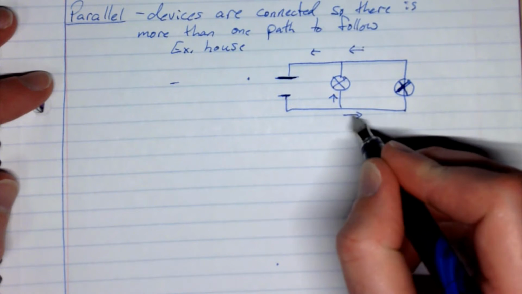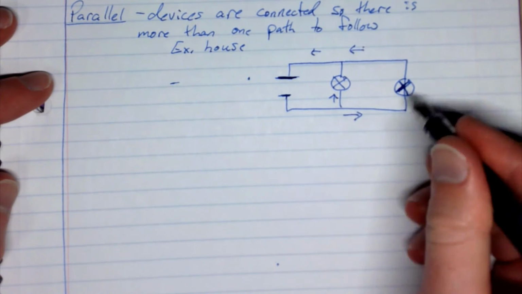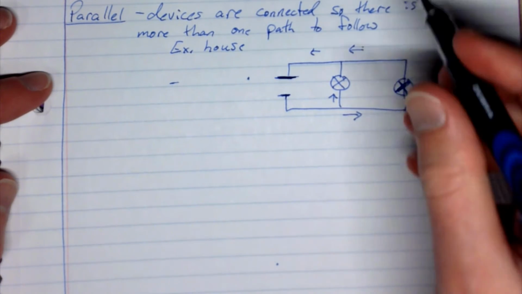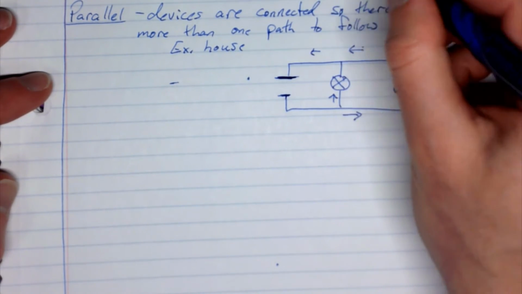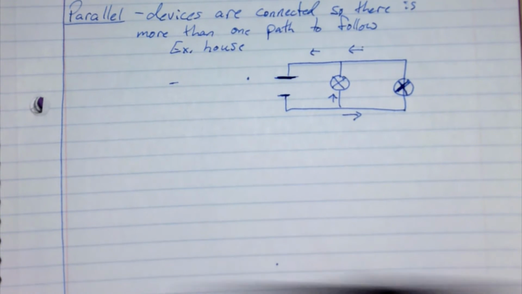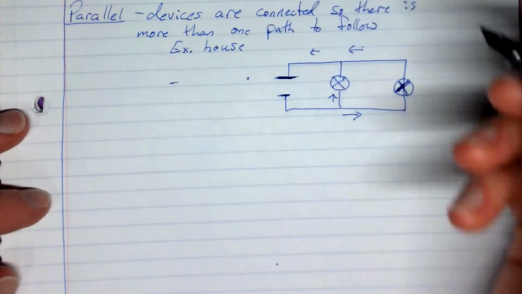So the electrons could go to this bulb or this bulb. If I cut it right here, this bulb will go out, but this one still works. Whereas if I cut it really anywhere on this one, the whole thing just stops working. Alright, so those are series and parallel.